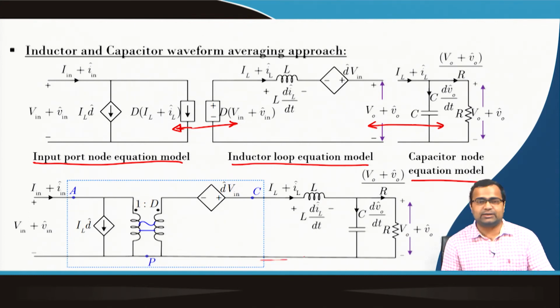So, the equivalent circuit model can be obtained either by applying the average switch model, that means the 3 terminal switch model, or by individually considering each waveform and its sub interval equations and then averaging out, to obtain the dynamics of the variable that we are interested in.